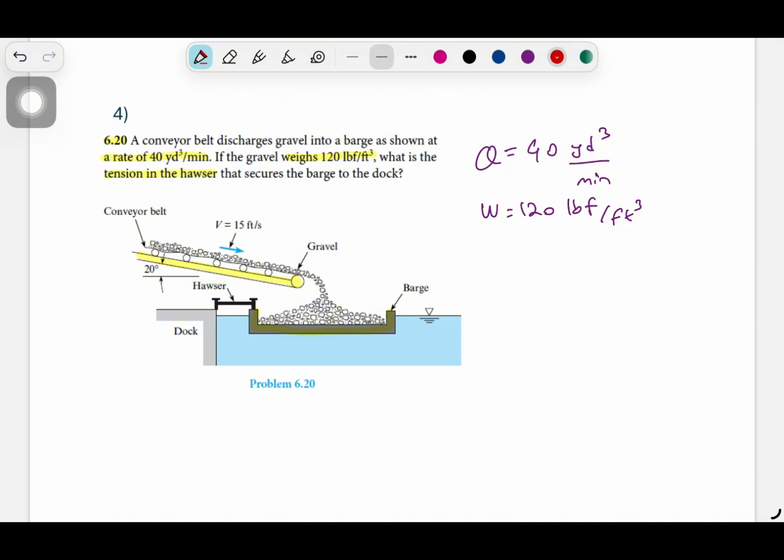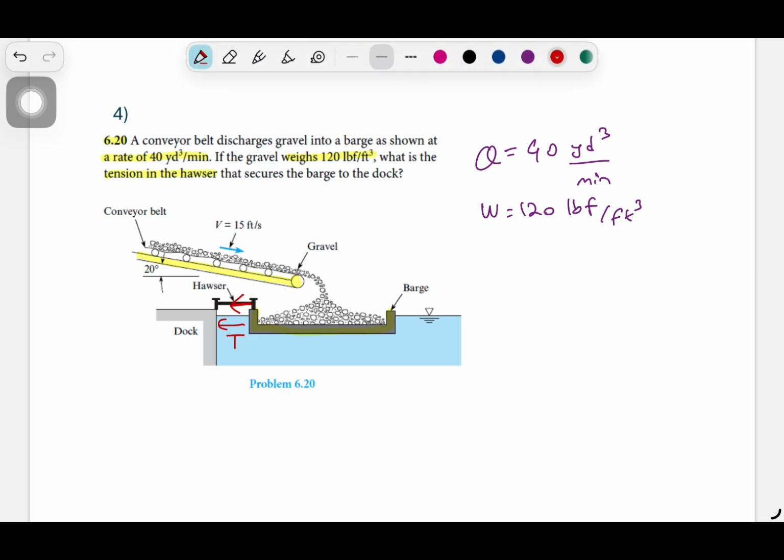So we are actually asked to find tension. So we will have this tension because this hawser will try to pull this barge to the dock, so that we will see a tension from right to left. Because you can imagine that we have this barge, we have this hawser, and it will pull it here.